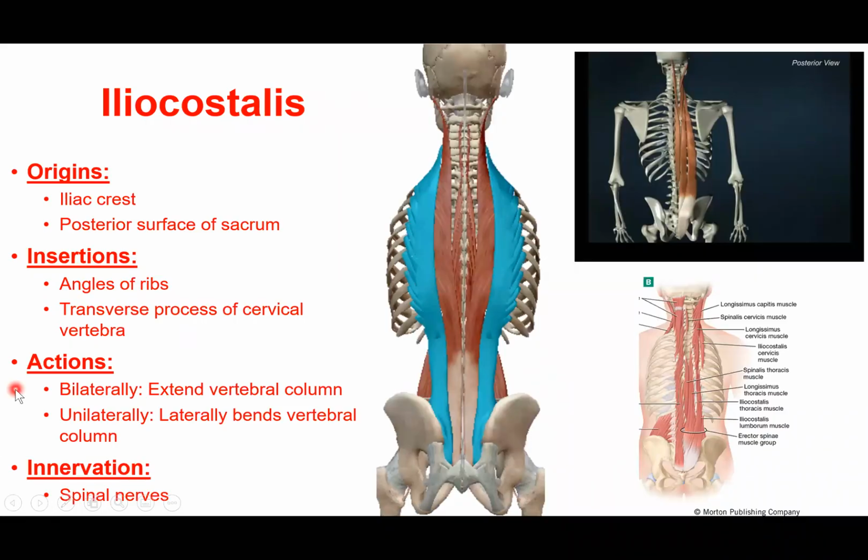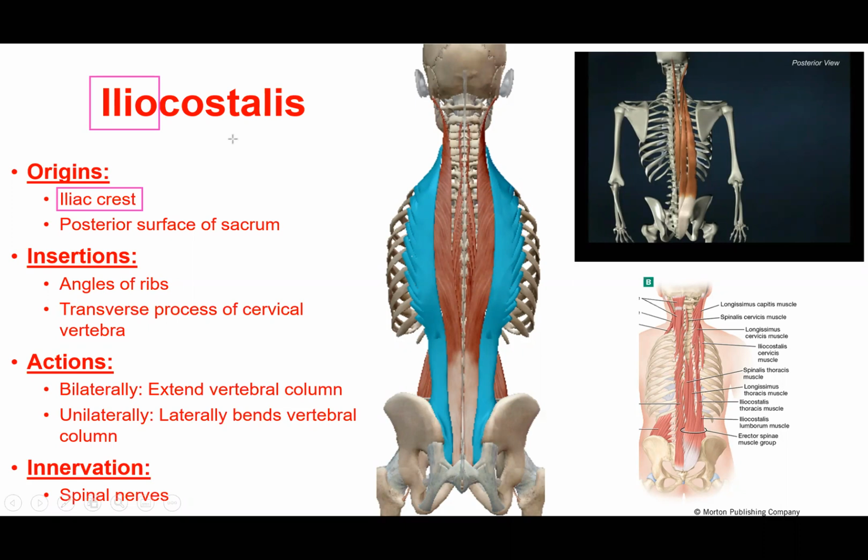So the iliocostalis originates on the iliac crest, which is where the ilio comes from. So we get the ilio part coming from this iliac crest.